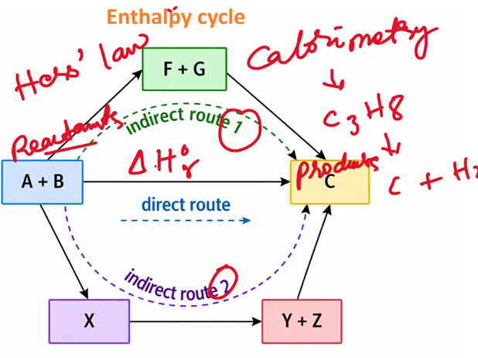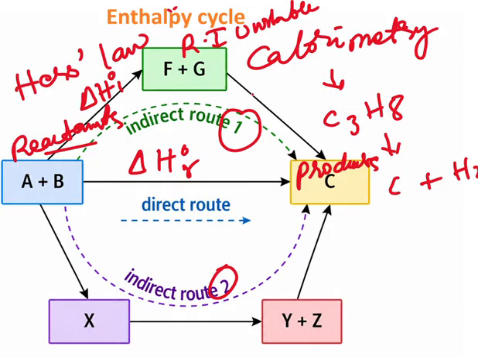A plus B combine to form reaction intermediates F plus G. Since these reaction intermediates are unstable, they transform into the stable product. When A plus B combine to form F plus G, the energy change is delta H1 naught.